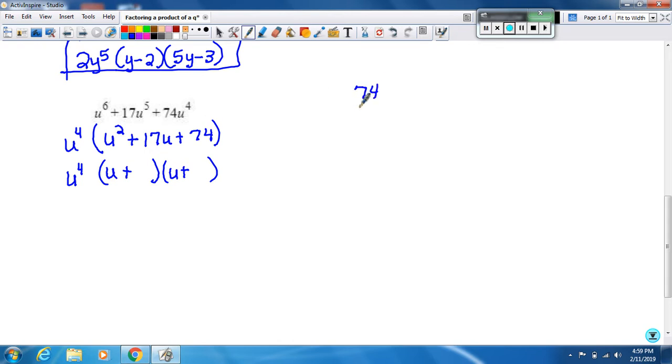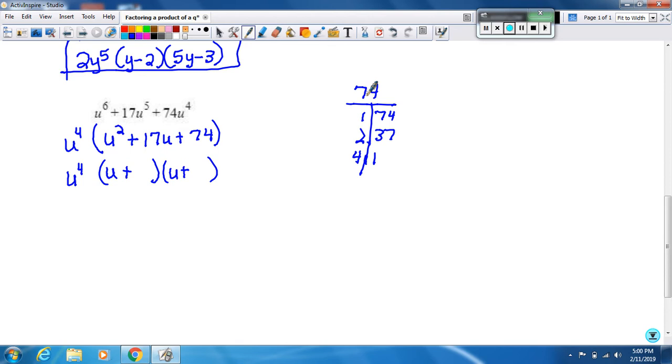Well, let's see what we got here. 74 divided by 1 is 74. 74 divided by 2 is 37. 74 divided by 3 does not work. 74 divided by 4, 4 goes into 7 one time.